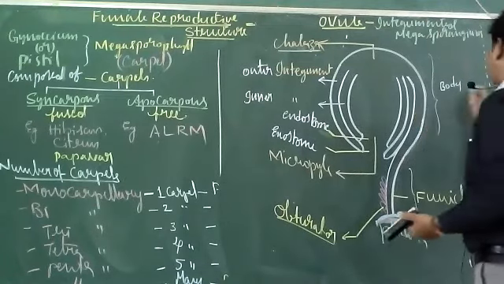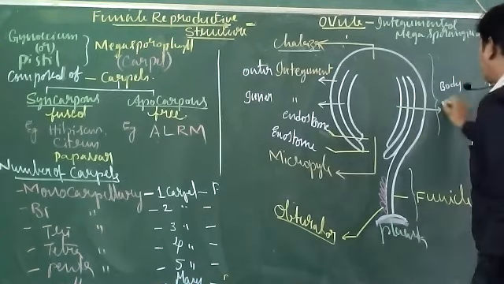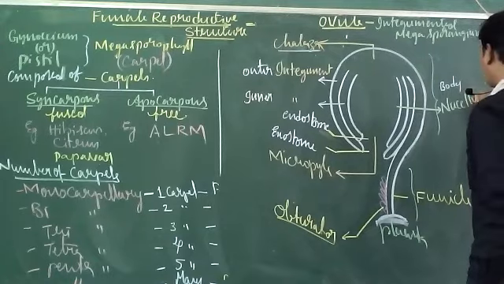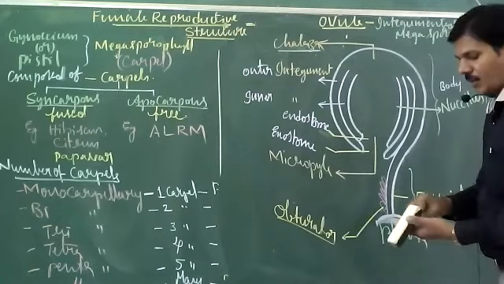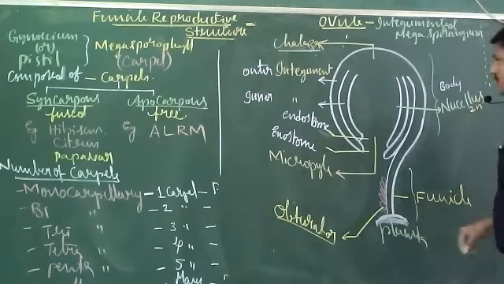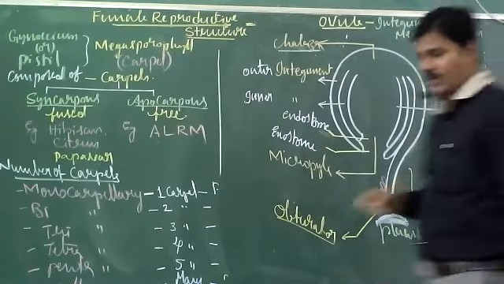Everybody see here carefully. This tissue is nucellus. What is the quality of the nucellus? Diploid. Dear students, you should get it out.